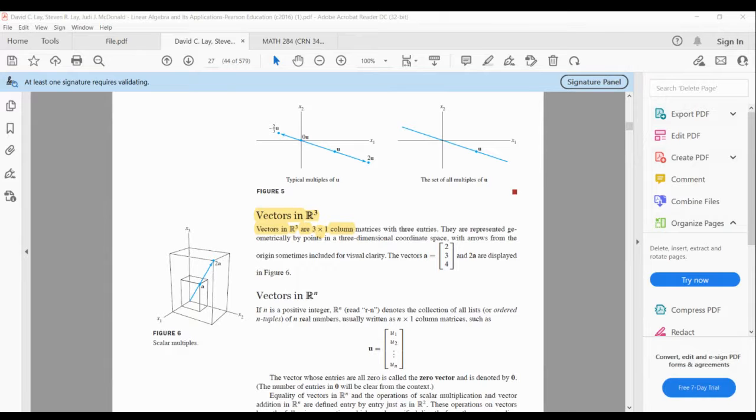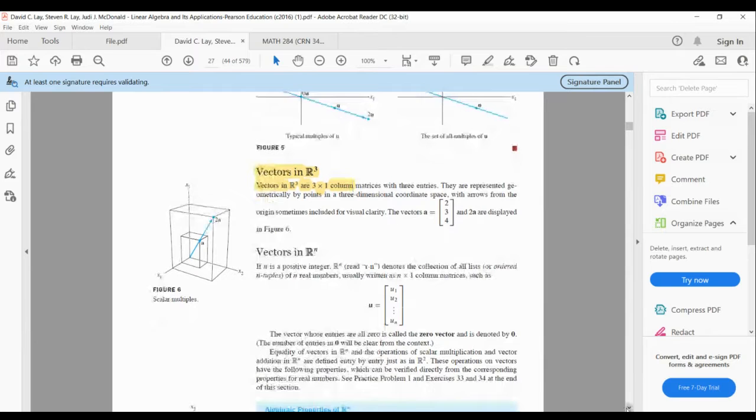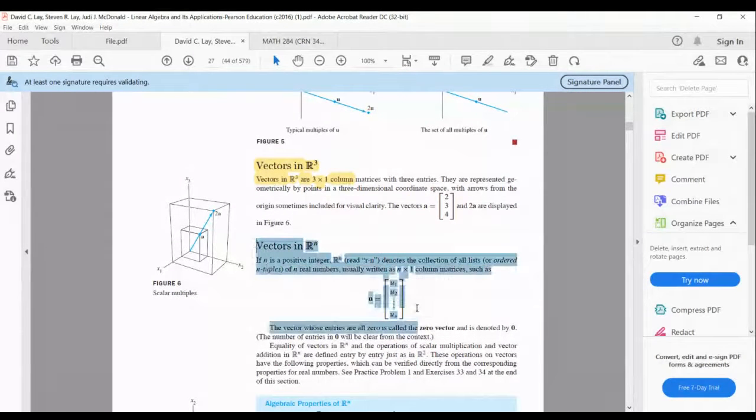But in linear algebra, we can go further. We can talk about vectors in Rn, in n-dimensional space, and those column vectors would have n components. So in linear algebra, we go beyond 3 dimensions. All the material you're learning is applicable to n-dimensional space.